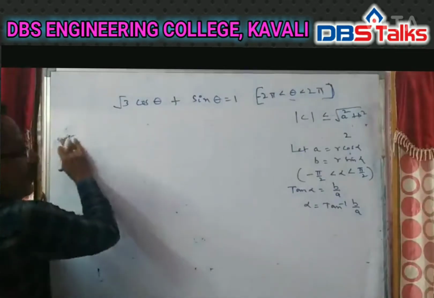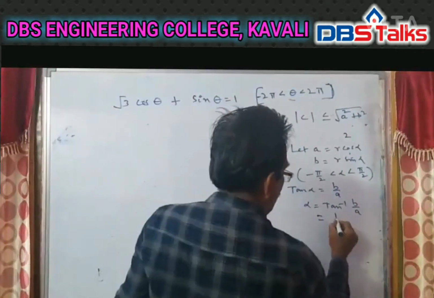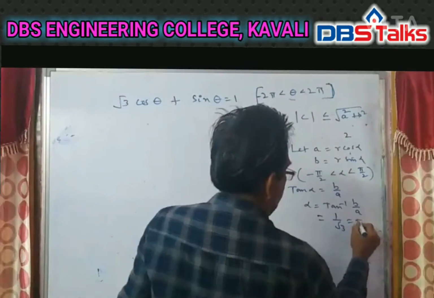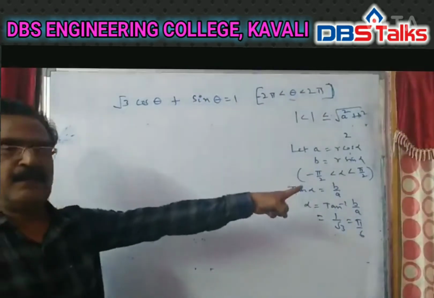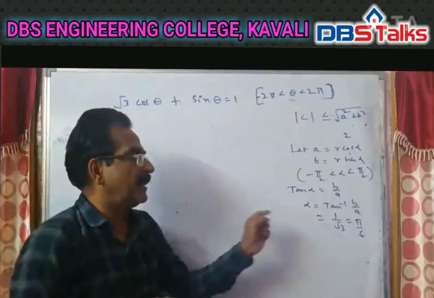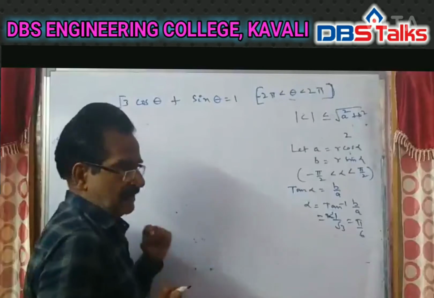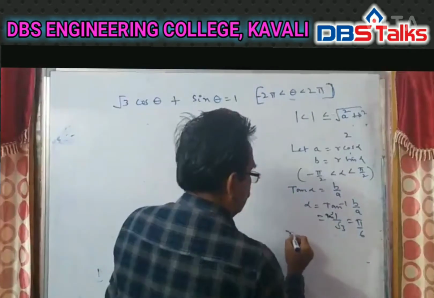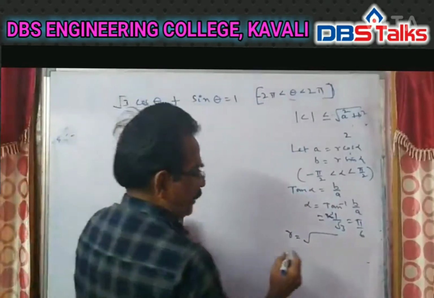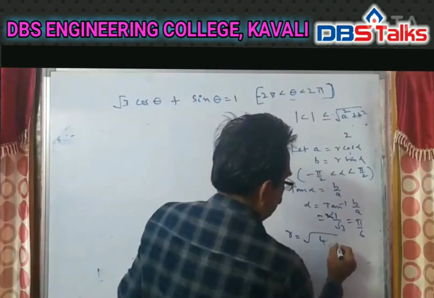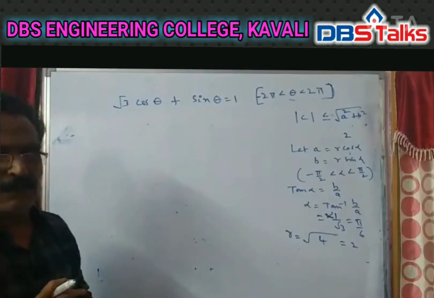Alpha is equal to tan inverse b by a, tan inverse 1 by root 3, that is equal to pi by 6. Then you have to find r. R is equal to root of a square plus b square, root of 3 plus 1, root 4, that is equal to 2. Alpha is equal to pi by 6 and r is equal to 2.